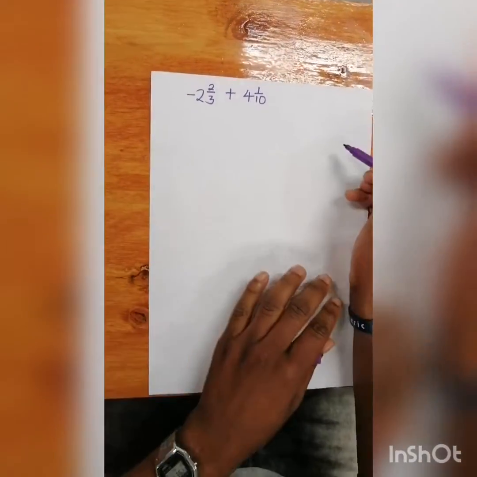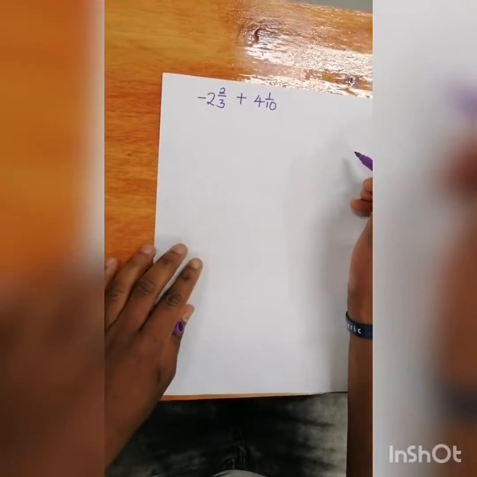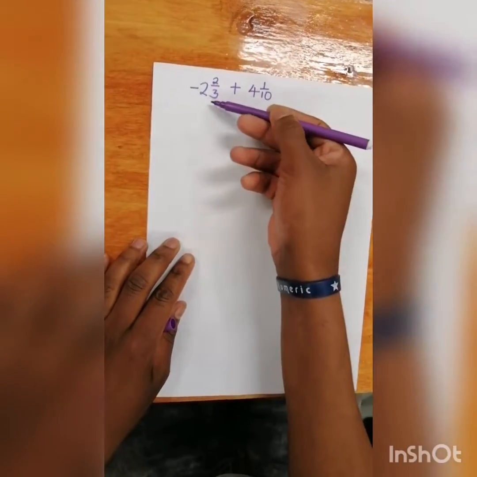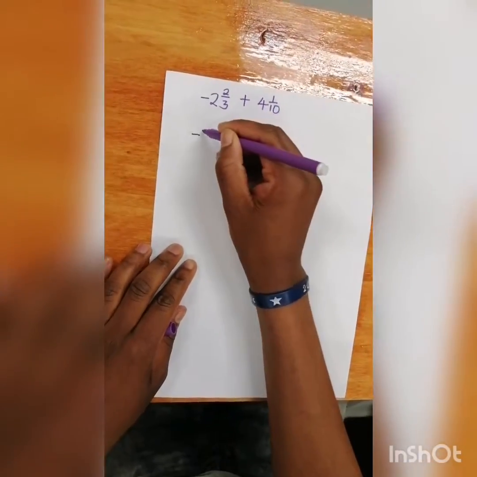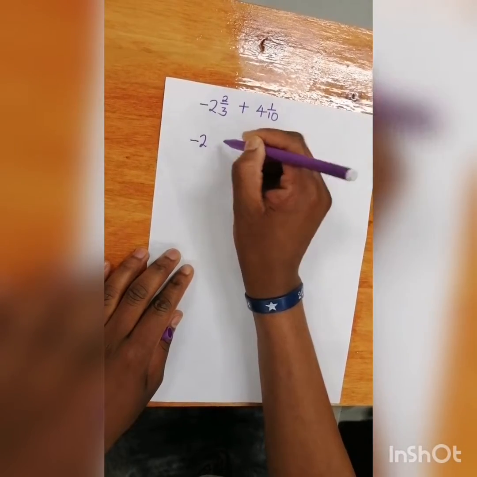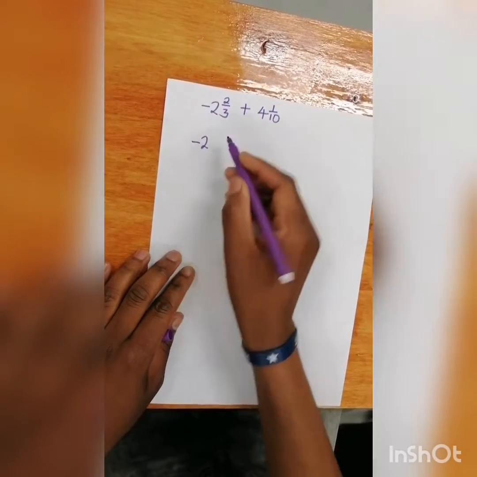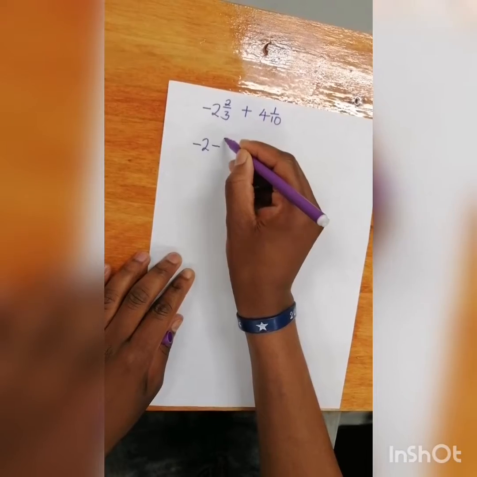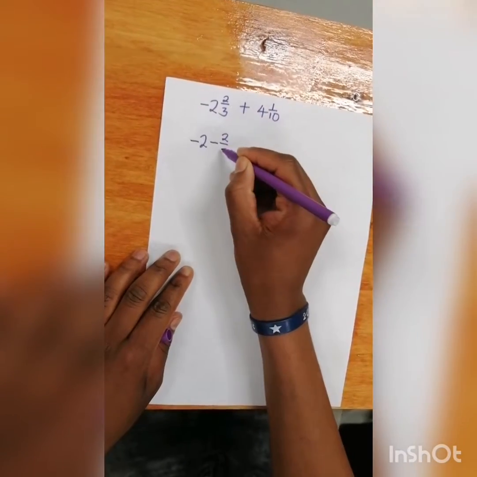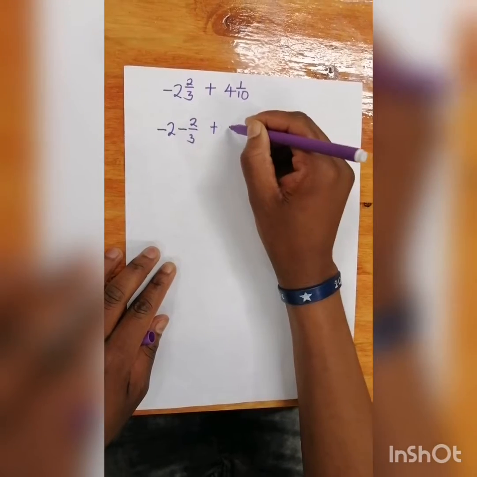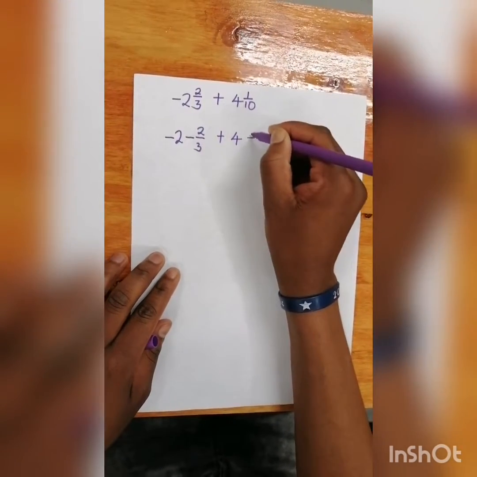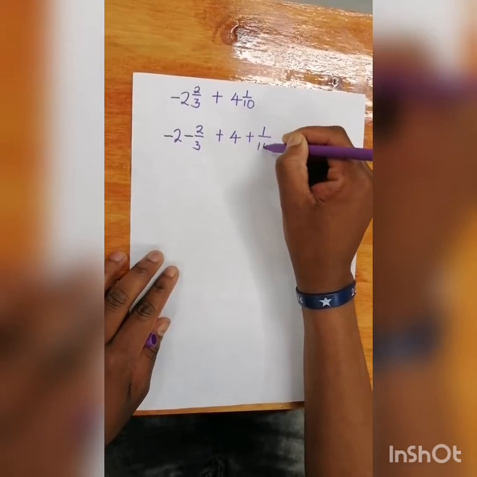The first thing we should look at, you'll remember that whenever you are writing this, you start with your whole, and then 2 and 2 over 3. Because it's a negative here, you subtract that as 2 over 3. The same with this one: whenever you are adding, you're saying 4 plus 1 over 10.